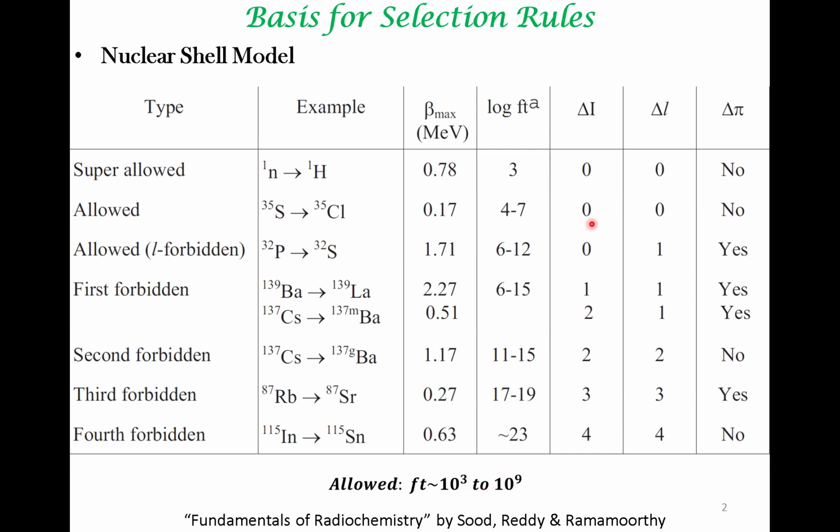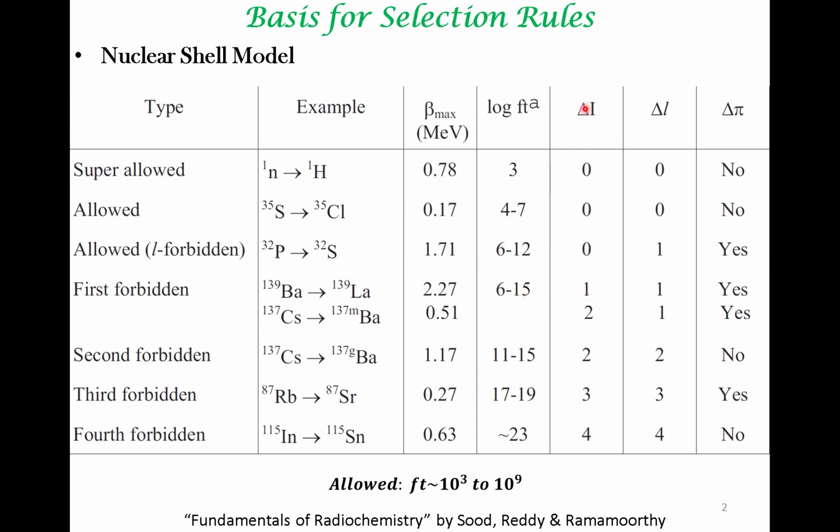So there are different classifications. Supposing delta L is 1 and there is a change in parity, it is still allowed, and so on.